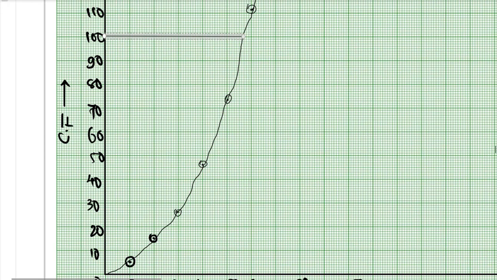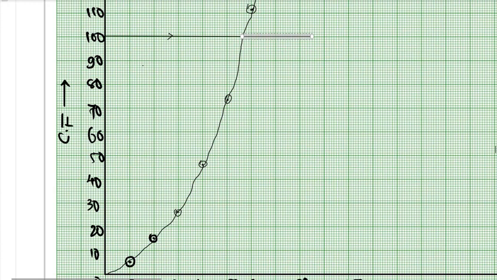I will extend this line with the help of a scale down to the x-axis, right? So this line meets the ogive on the right side and then extended downward towards the x-axis meets the x-axis. Let me just mark the point. Cool.